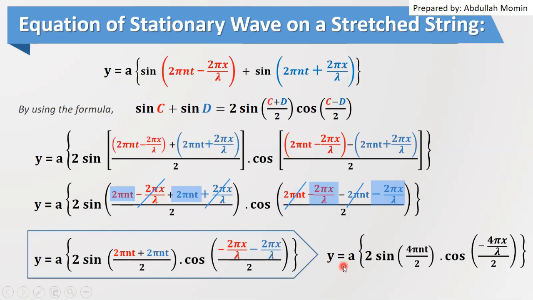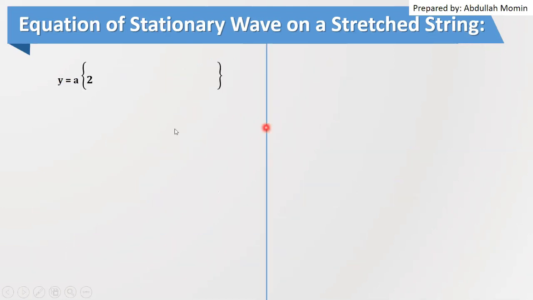Now we are going to move the last equation to the next slide. So what we have got in the previous slide, our last equation is y is equal to a in bracket 2 sine 4 pi nt by 2 into cos minus 4 pi x upon lambda, the whole term divided by 2.